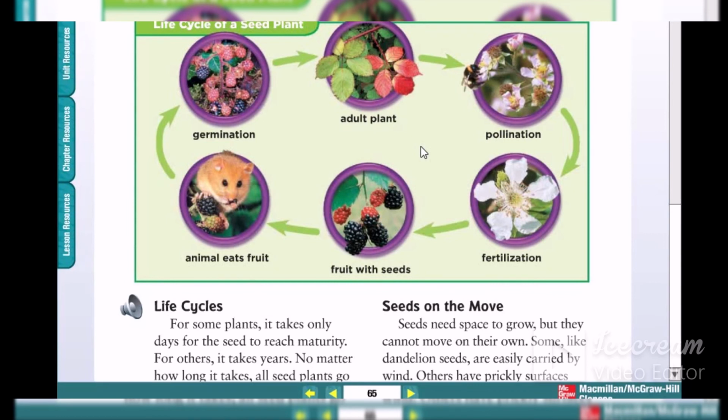Now we can say that we have three important stages for the life cycle: germination, maturity, and reproduction. These are the three most important stages for this life cycle. And death means the end of the life of the plant.